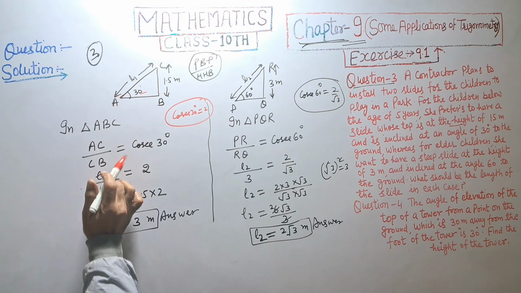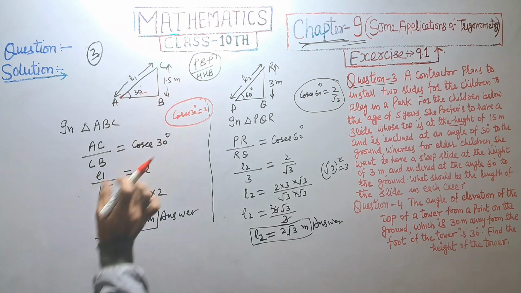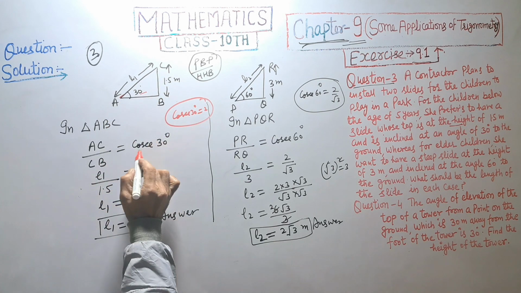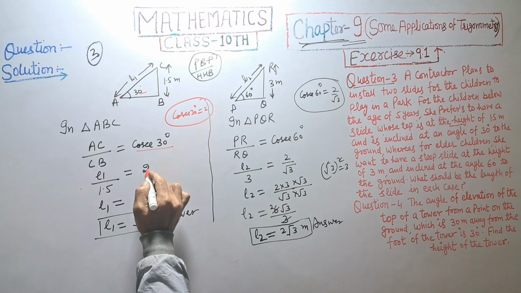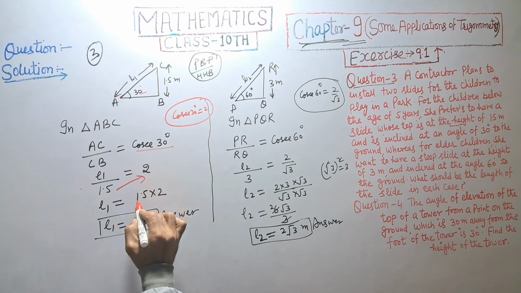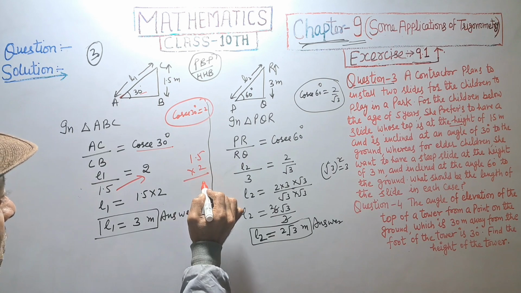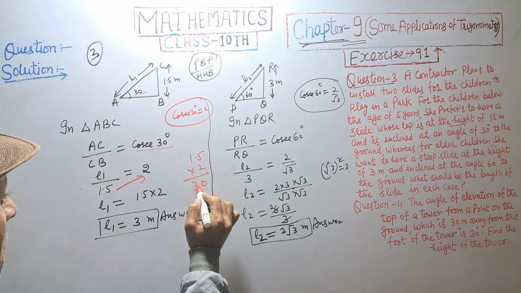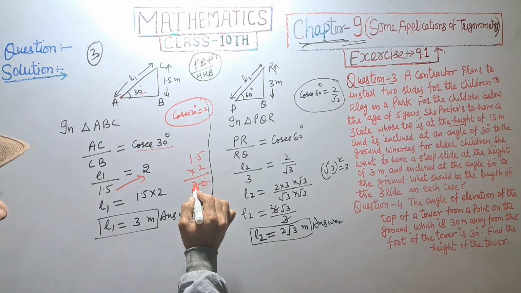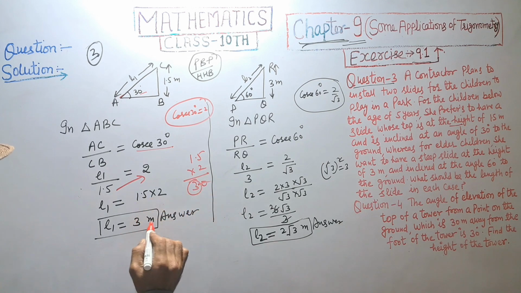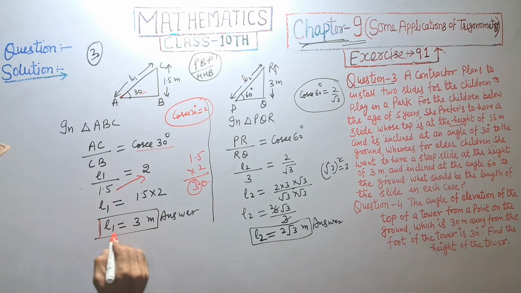AC is L1 and CB is 1.5. 1.5 multiplied by 2 is 3.0. Then we get 3 meter. L1 is equal to 3 meter.